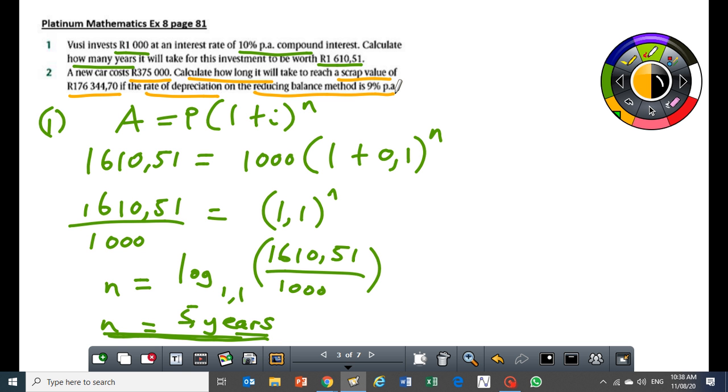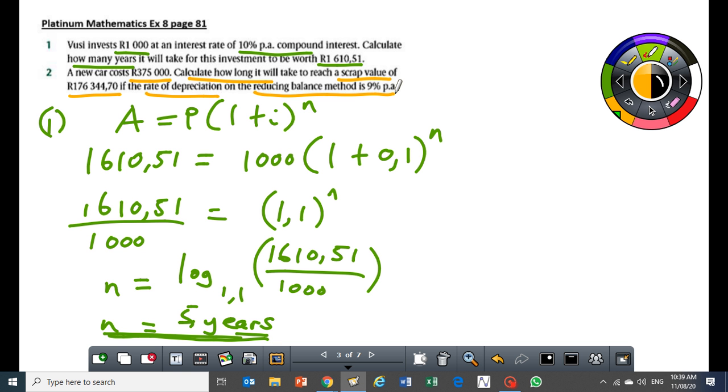How do you distinguish the two? Isn't it the price of an object after it has ended its useful period? Yes. So it's the value of an asset at the end of its useful life. When you decide, I don't want to use it anymore, it's almost towards the end of its life, when you sell it, whatever amount you get is called the scrap value.